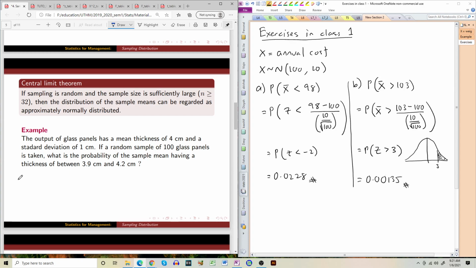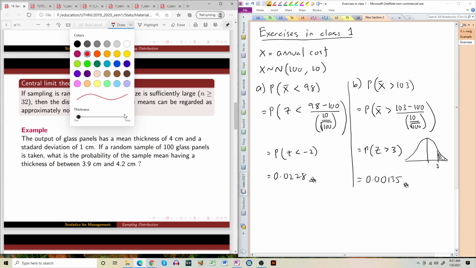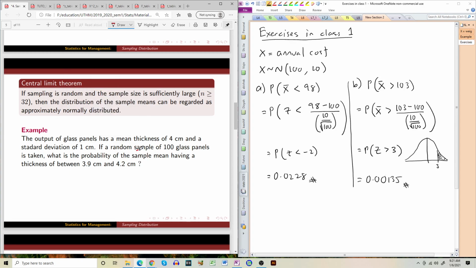If a random sample of 100 glass panels is taken, what is the probability of the sample mean having thickness between 3.9 and 4.2? Here we can see sample of 100 and sample mean. These are 2 keywords for us to use this formula.